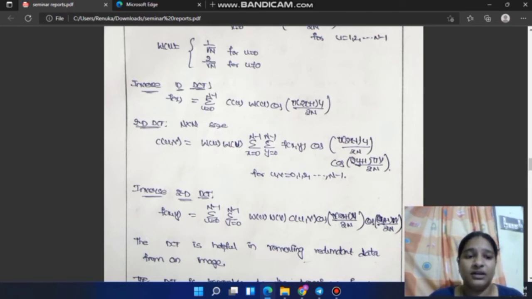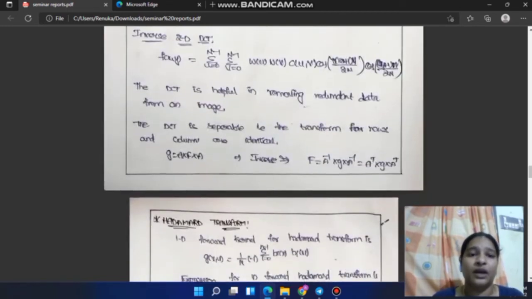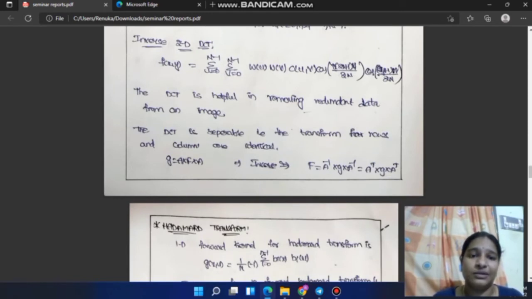And the 2D DCT of N by N size is C(u,v) = W(u) W(v) sigma x=0 to N-1 sigma y=0 to N-1 f(x,y) cos[pi (2x+1) u / 2N] cos[pi (2y+1) v / 2N] for u,v = 0 to N-1. And the inverse 2D DCT is f(x,y) = sigma u=0 to N-1 sigma v=0 to N-1 W(u) W(v) C(u,v) cos[pi (2x+1) u / 2N] cos[pi (2y+1) v / 2N].